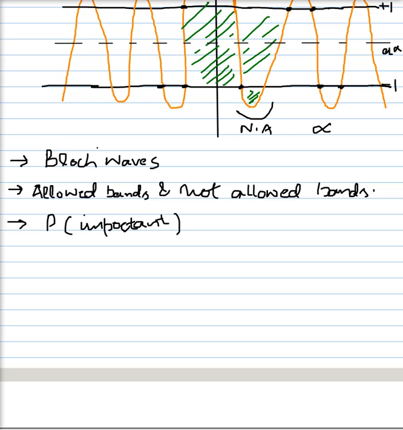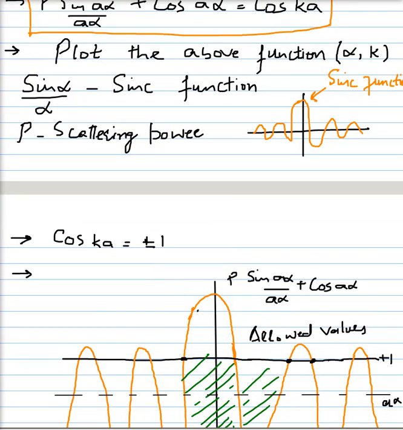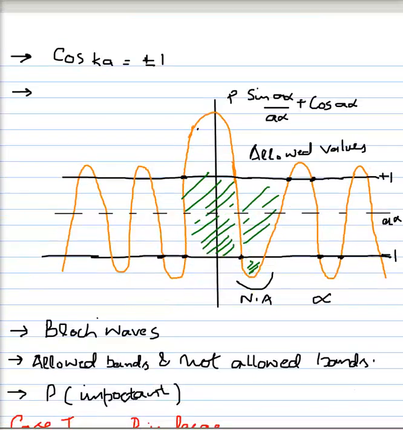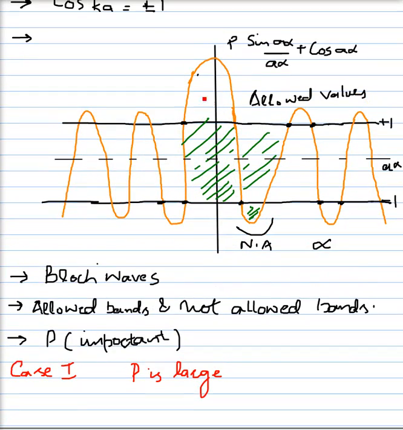Now let us take case 1, where P is large. So what do you think? If P is large, what is going to happen? P large means that this amplitude is going to have a very, very high value like this.